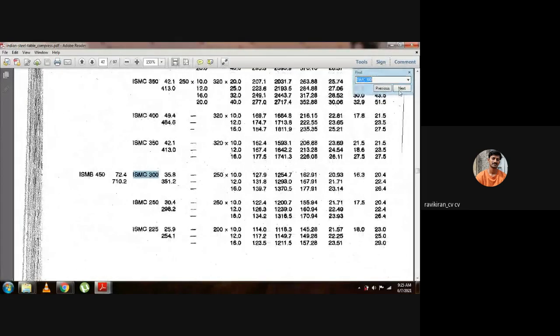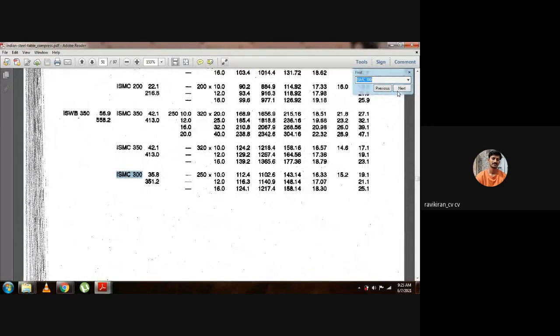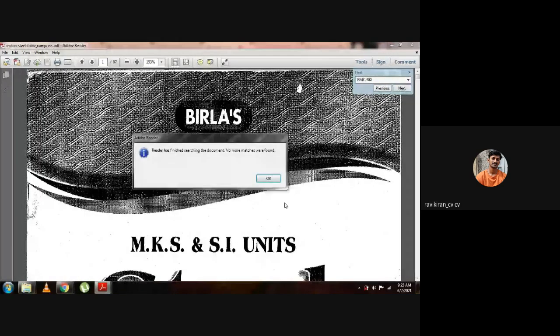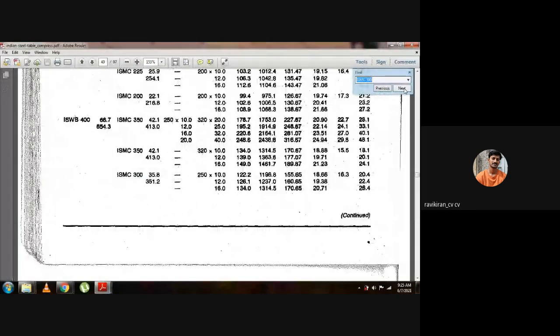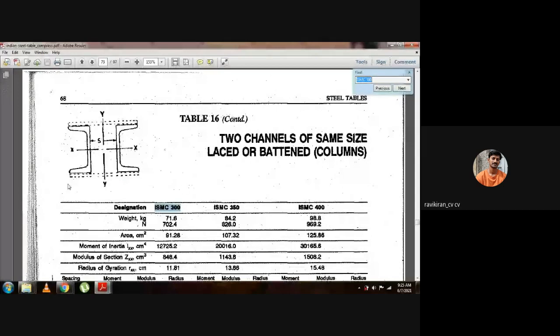All of you open your steel table and check ISMC 300 placed back to back. See here. It should be placed in this way.